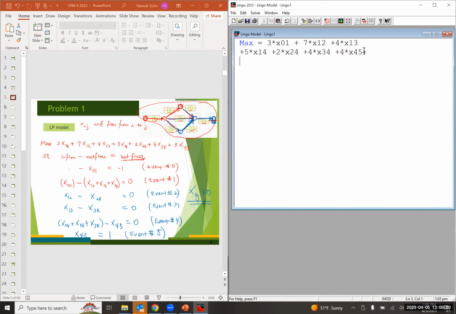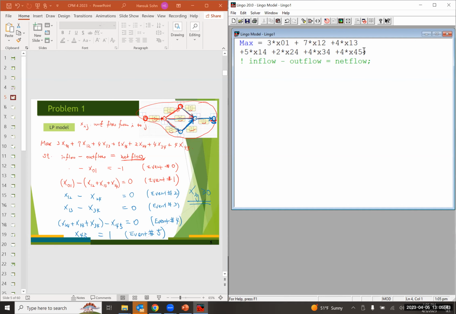And our constraint set, the left-hand side value is going to be inflow minus outflow for each node, for each event, right? So that the right-hand side value becomes the net flow.